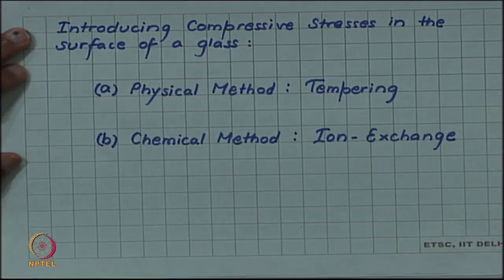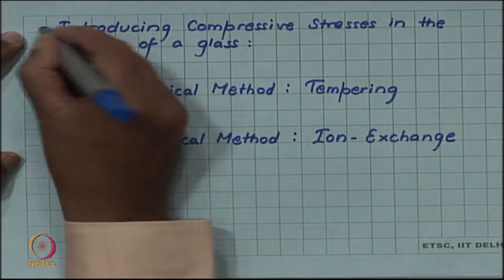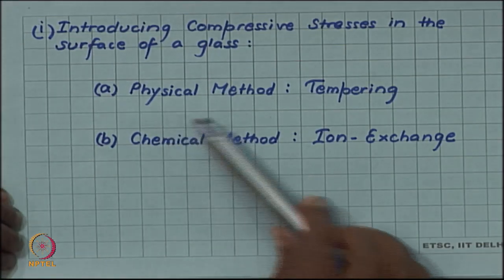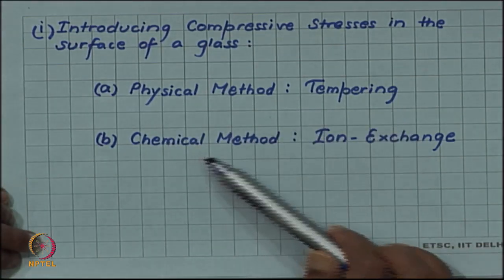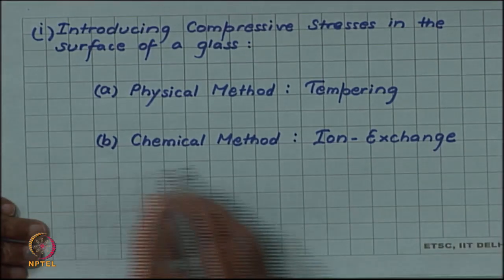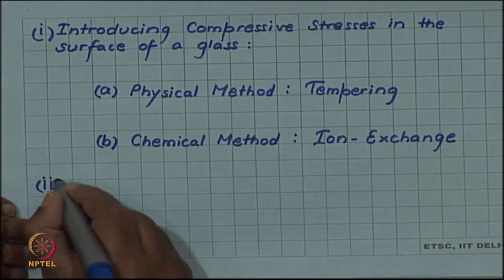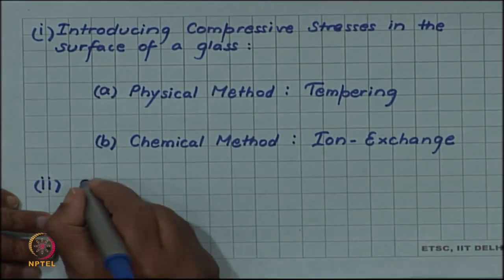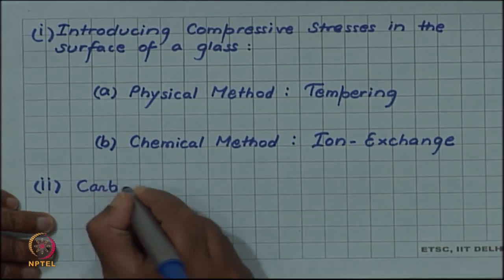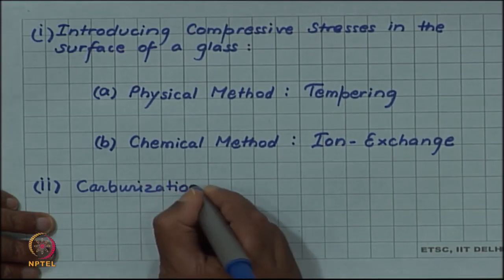This compressive surface stress can be introduced in glass by a physical method called tempering or a chemical method called ion exchange, and we will discuss both of these methods in detail later. Another way of doing this for steel is carburization. We have studied carburization while discussing diffusion.